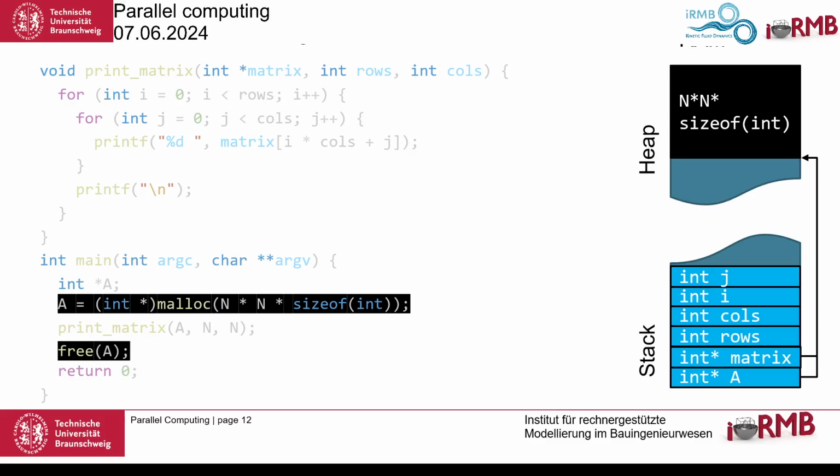So new is a new way of mallocing, of allocating. From a historical point of view, malloc is a function coming from C, and new is from C++.